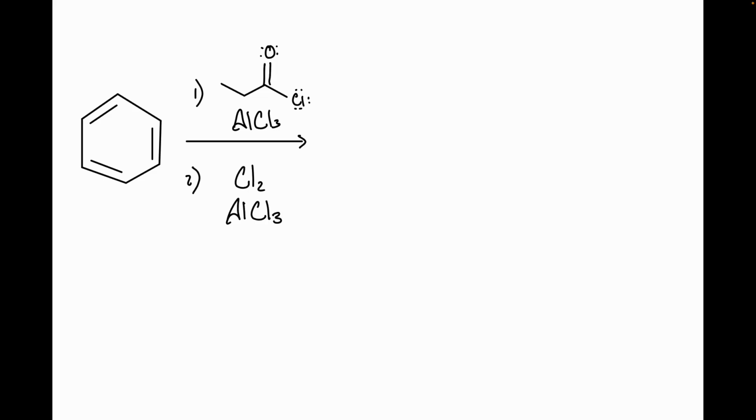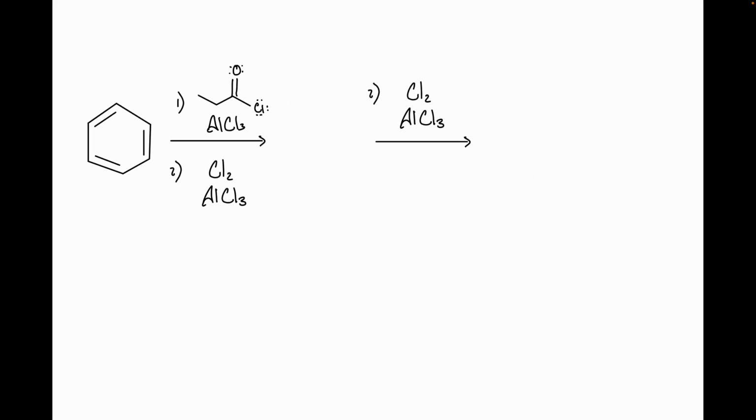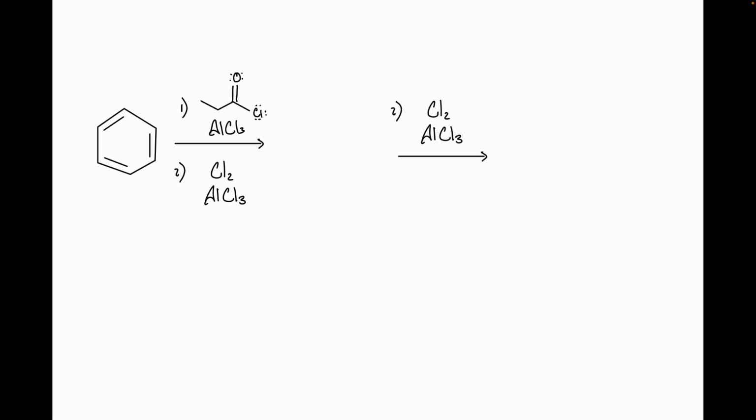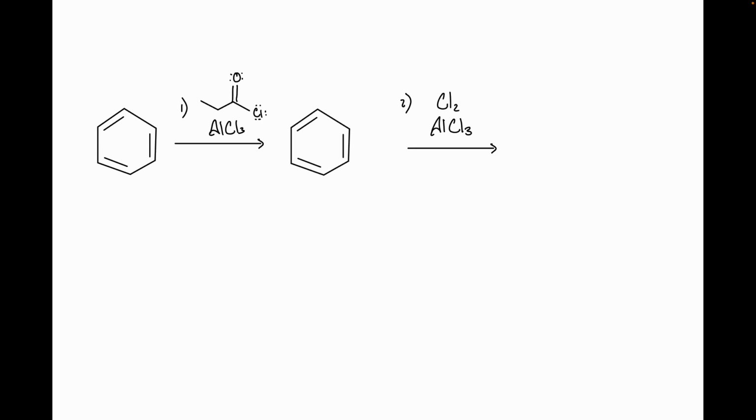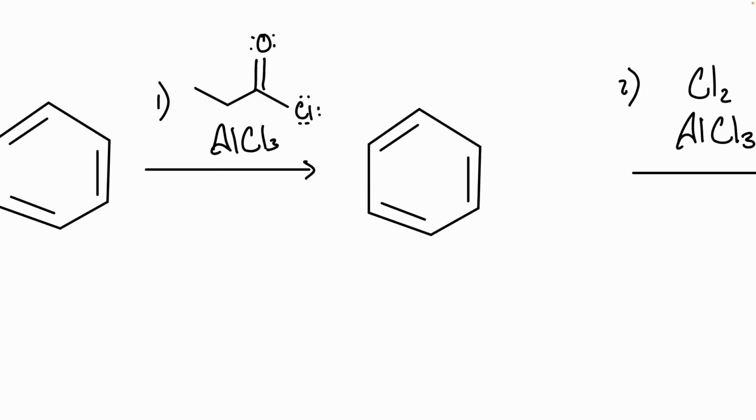So I'm going to break it up into these two reactions so you can see a little easier exactly what's going on. This first reaction, I'm going to put what we call an acyl group on that ring. I'm attaching this molecule here, but specifically at which carbon?